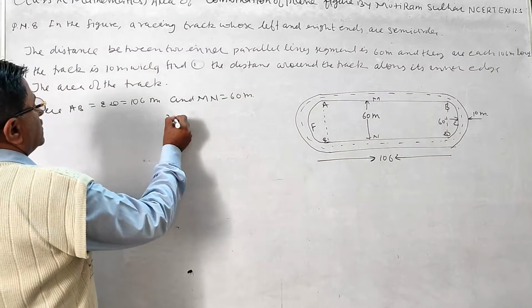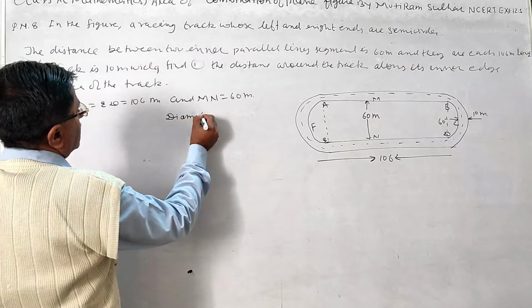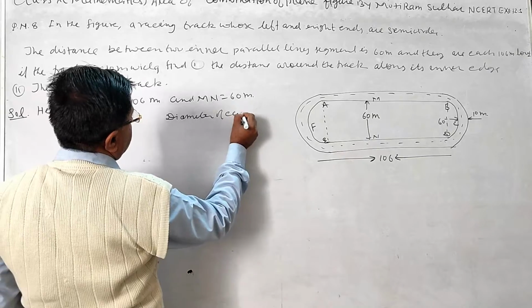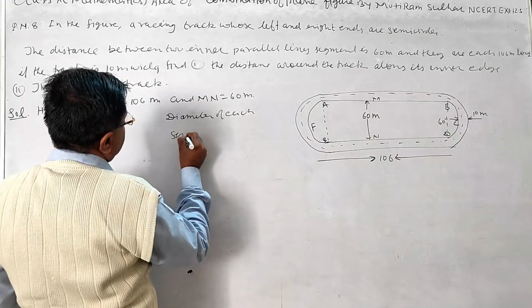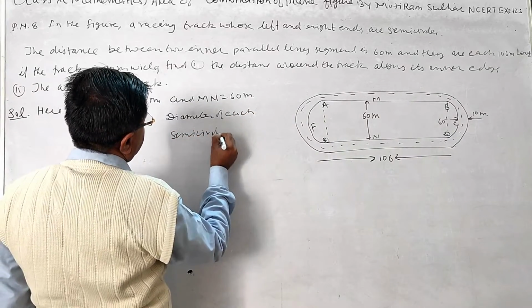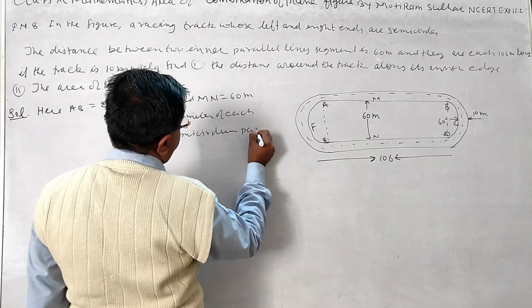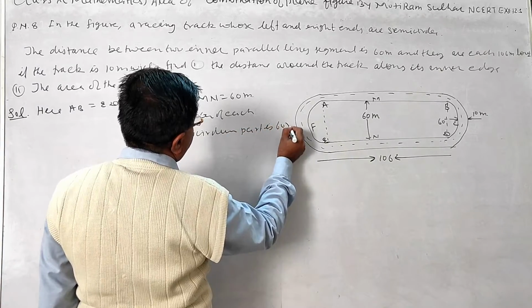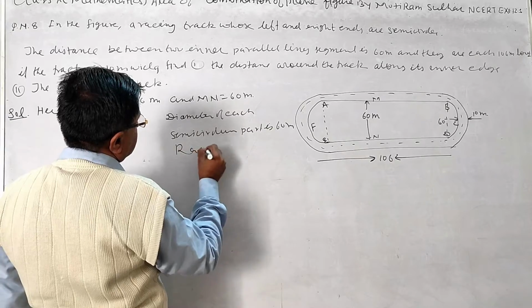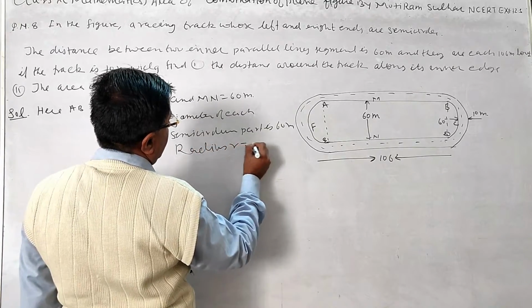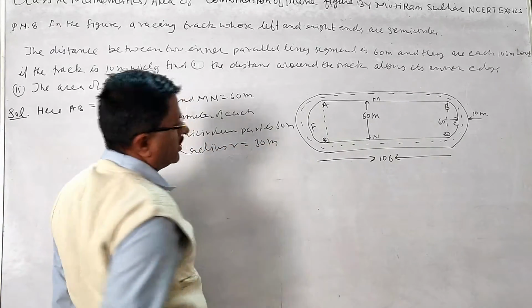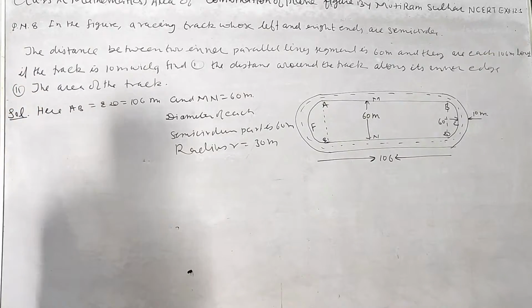So the diameter of each semicircular part is 60 meter. So its radius, that is r, equal to 30. So we get the radius.